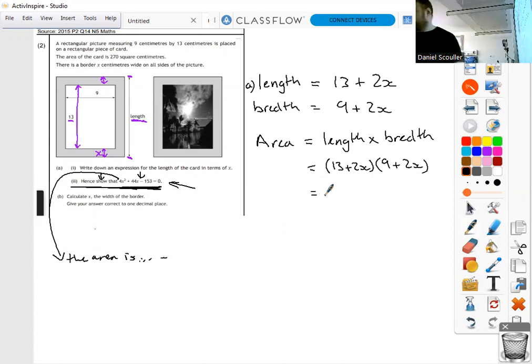So 9 times 13 is 117, 117. 9 times 2x is 18x.